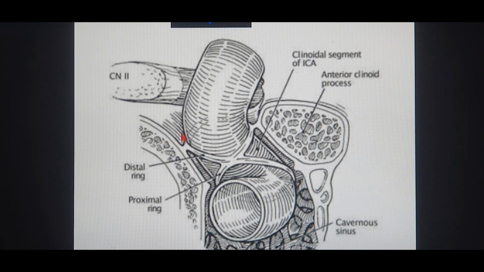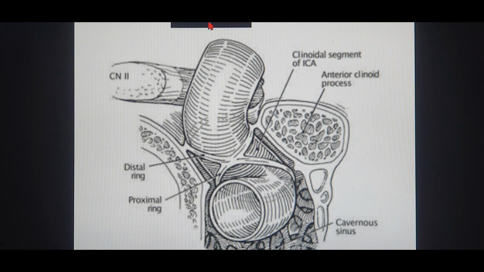Now medially, superiorly, the distal dural ring shows an area of weakness, a depression, called the carotid cave. This carotid cave will have a clinical significance because aneurysms from the internal carotid artery will be common in this area.